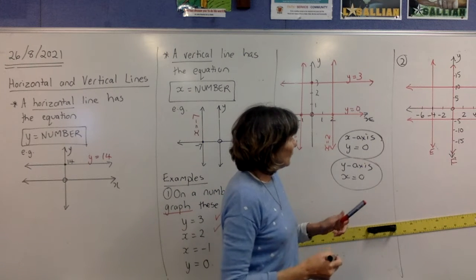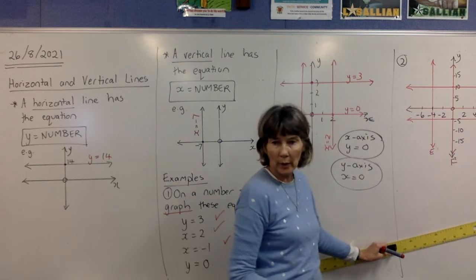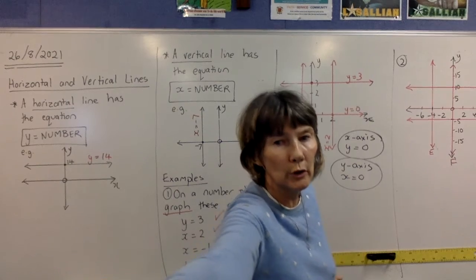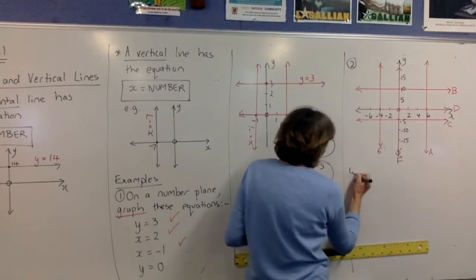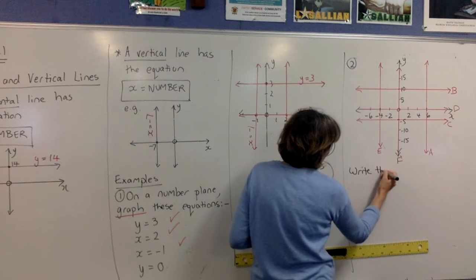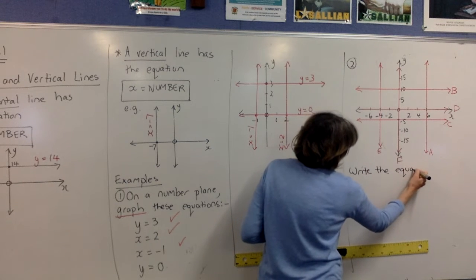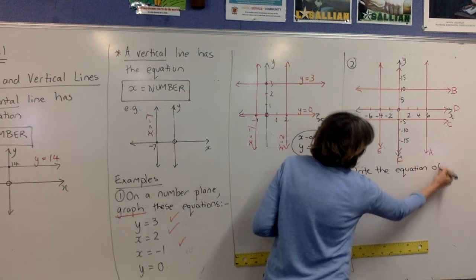Okay, now let's have a look over at number 2. Now here I've drawn up a whole lot for you. I'm just about to write the question down, so we are going to write the equation of the lines.